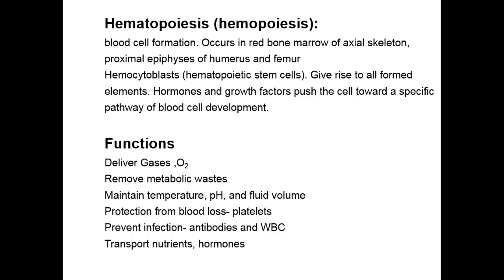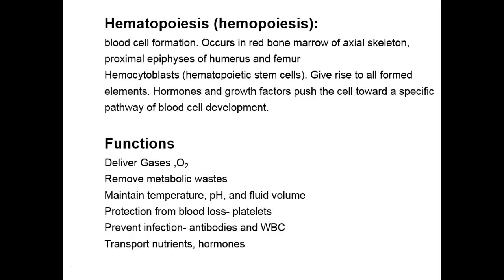Certainly by hormones, also growth factors, that would push the offshoots of that hemocytoblast to a specific pathway. We talk about that later in the chapter, and you'll see an image about that later in the chapter.